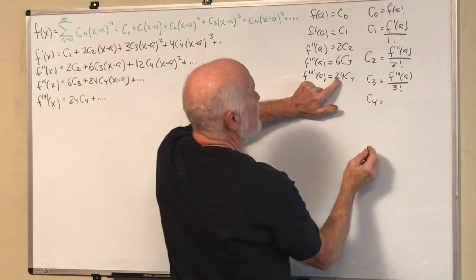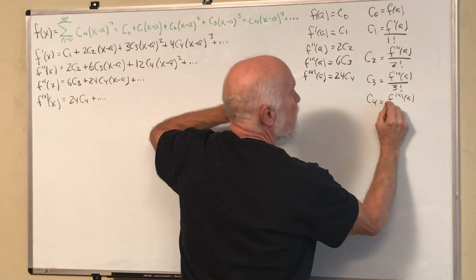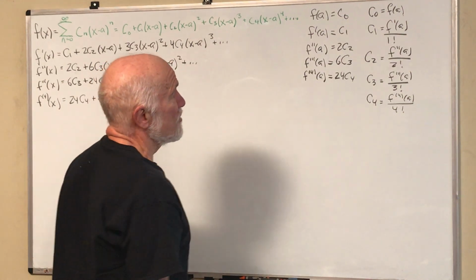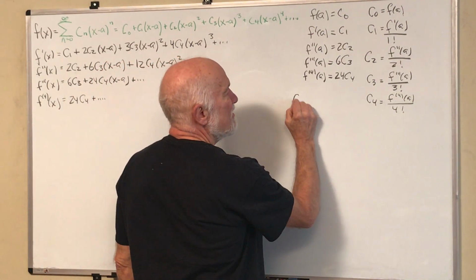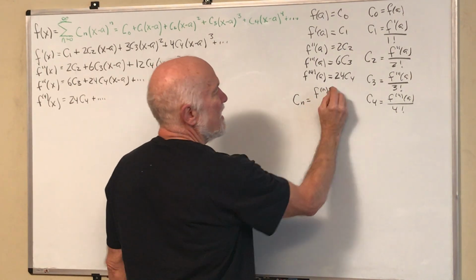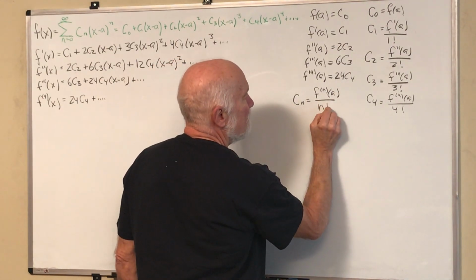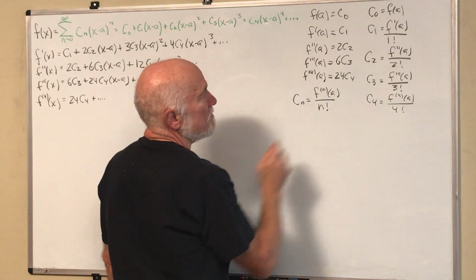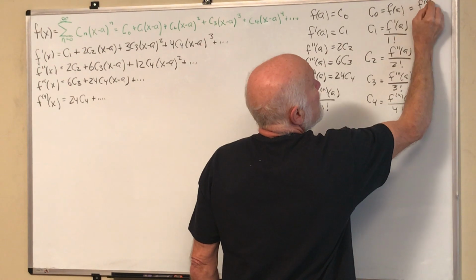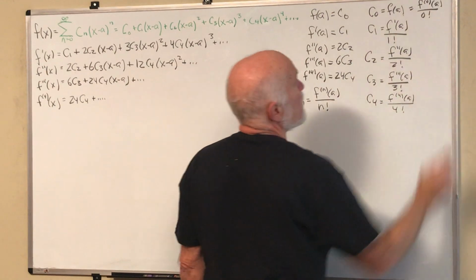And C4 equals the fourth derivative at a over 24, which I could call 4 factorial. So in general, what do I see? That C sub n is the nth derivative at a over n factorial. And you could even call C0 the 0th derivative at a over 0 factorial, and it even works for n equals 0.